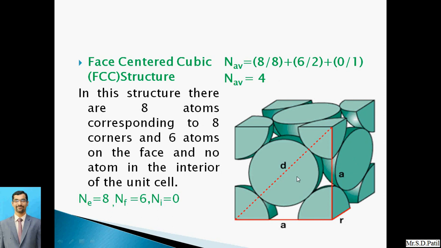So this is half, and the one below it is half, making 1. Then this is half, and below it half, so this is the second, then this is the third, and the one at the back makes it 2 and a half, and the other back one makes 3. So for the face-centered cubic structure, the total or average number of atoms per unit cell is 4.